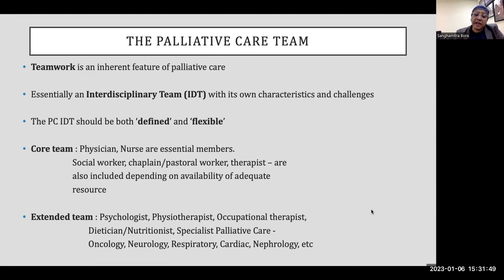And the team should be both defined and flexible. And when I say defined, there would be a core team where there has to be a nurse, essentially, physician, essentially, and then flexibility about getting a social worker or a chaplain or a pastoral worker or a therapist, and then many other people which the team might find it important to include.